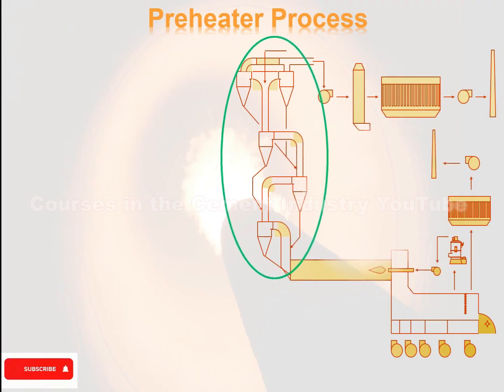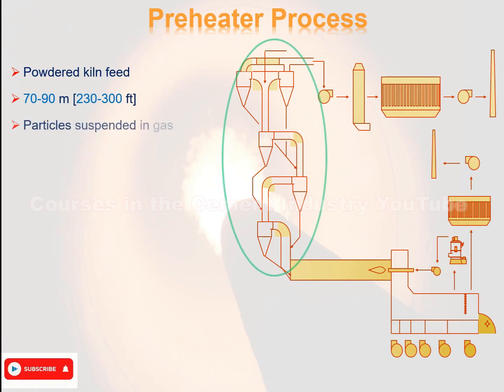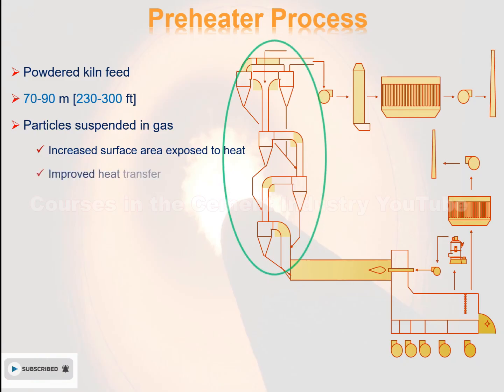3. Preheater process. Powdered kiln feed. The length of the preheater kiln is approximately 70 to 90 meters. Particles are suspended in gas, with increased surface area exposed to heat. Improved heat transfer. 50 to 65% calcination.